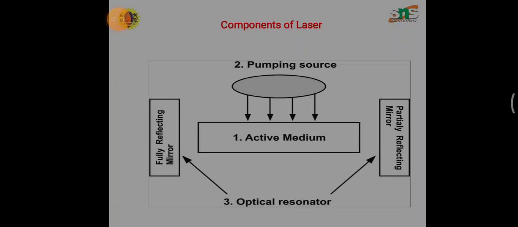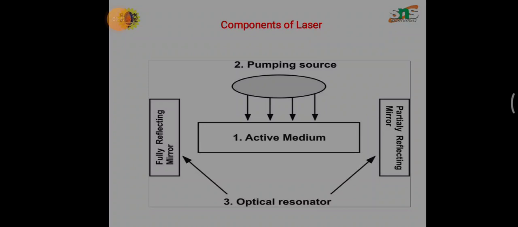Now the optical resonator. The optical resonator constitutes an active medium kept between a 100% reflecting mirror and a partially reflecting mirror, as shown in the figure.